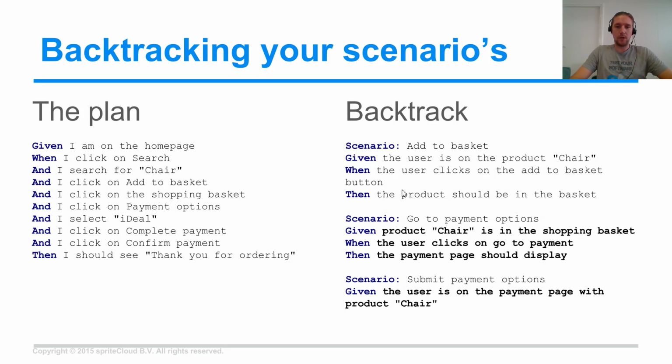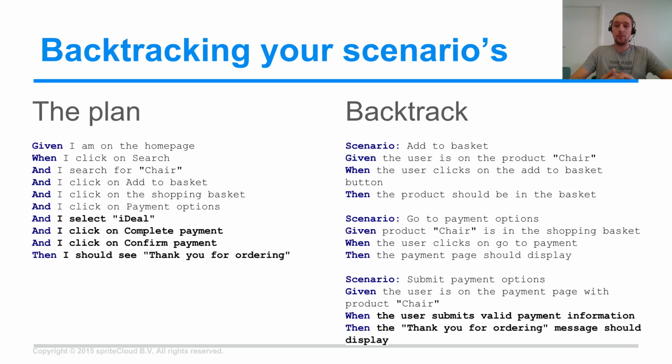Then we go on to the last scenario where the user is on the payment page with the product chair. When the user submits valid payment information, which you will notice on the left side includes quite a lot of steps, like selecting bank account, selecting other payment options, and so on, but a Gherkin script is not about all the steps or all the clicks or all the actions that you do.